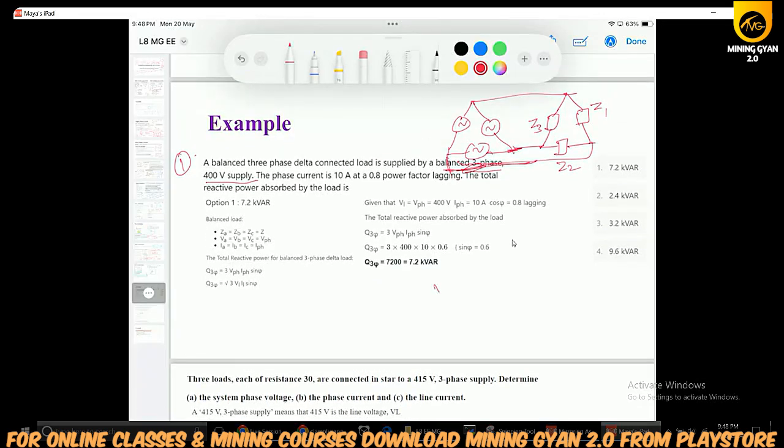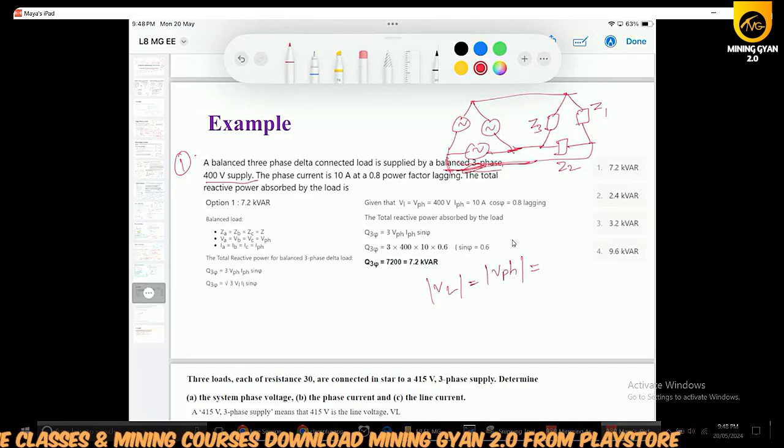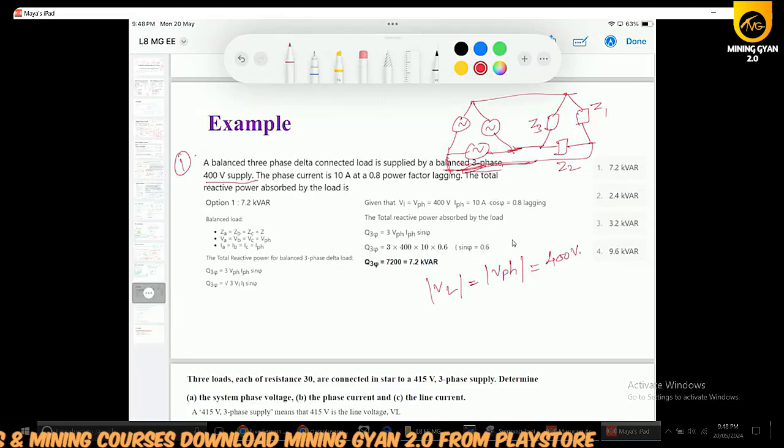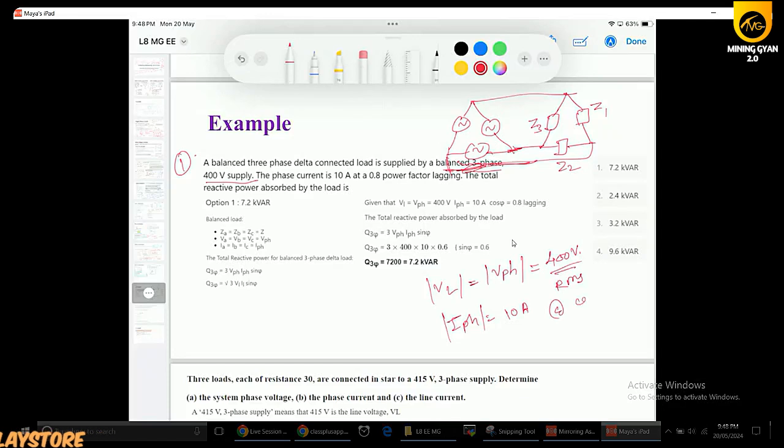In case of a delta connected load, line voltage will be equal to phase voltage, and that will be your 400 volt, the RMS value. Then they have given the magnitude of I phase as 10 ampere at power factor cos phi equals 0.8 lag, meaning the load is of inductive type, so R plus jX form will be there.